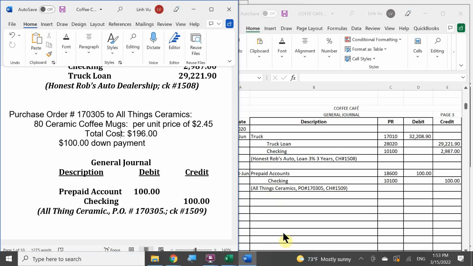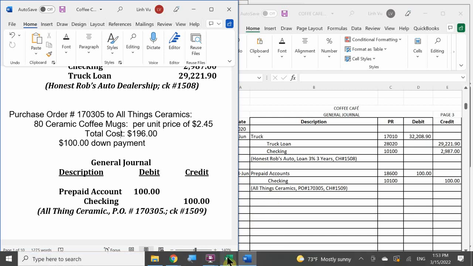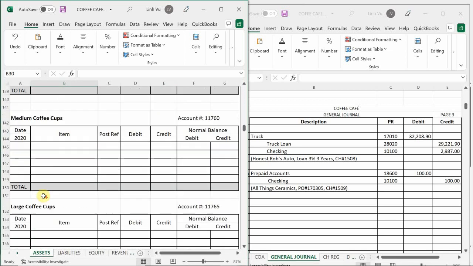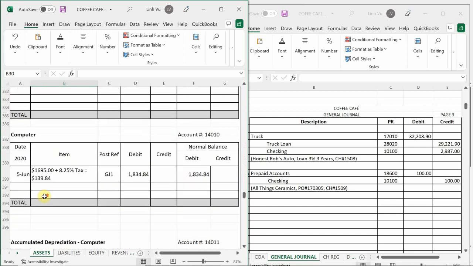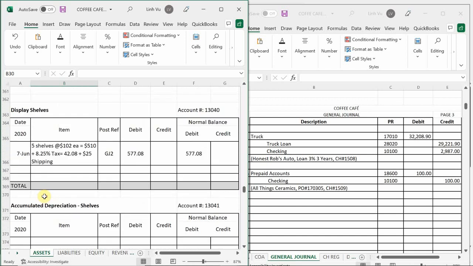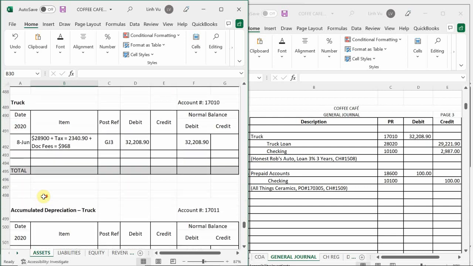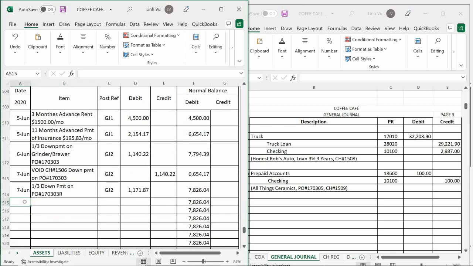Okay. So let's see. I need to now go to my ledger. In this case, I have a prepaid account, which is an asset. Even though checking is here, let's just continue to keep following it in order. So prepaid accounts first. Yeah, right here. Prepaid accounts.